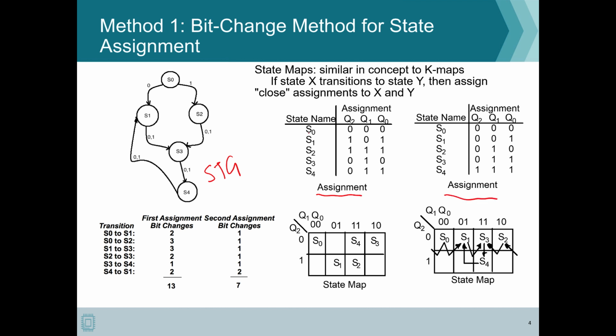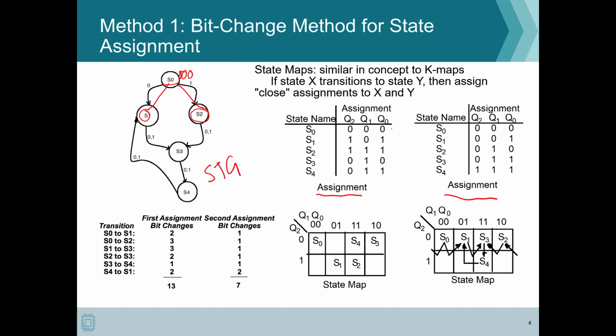So in this case we are going to assign S0 as 000, and since from this state you can go to this state or this state, it is recommended that you assign states S1 and S2 one Hamming distance from S0. So that's basically the fundamental principle of the bit change method.